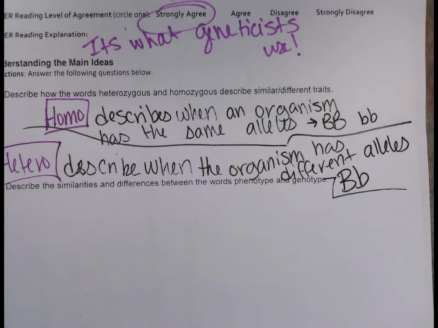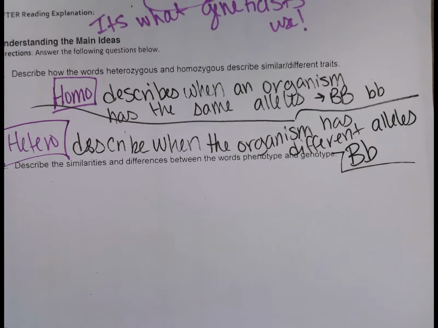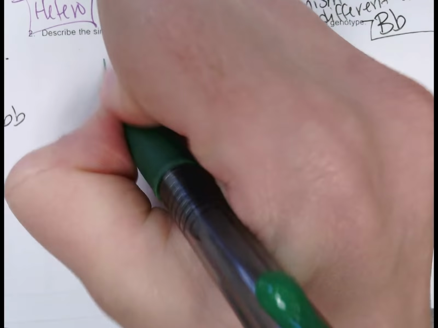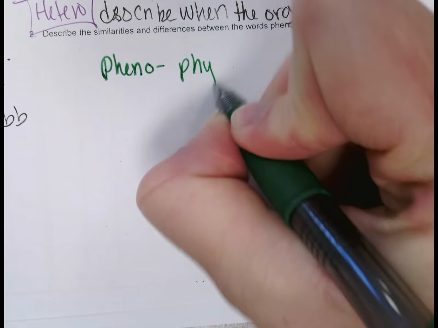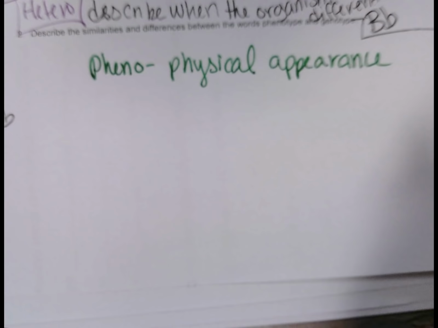It says describe the similarities between the words phenotype and genotype. This one's pretty easy. Pheno is just the physical appearance, so what it actually looks like.